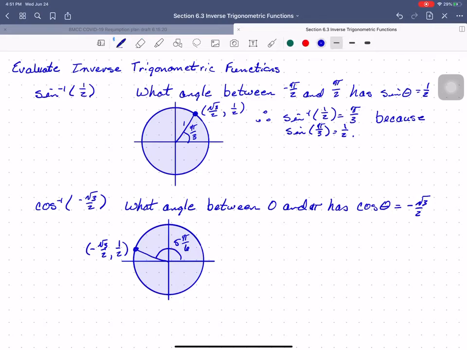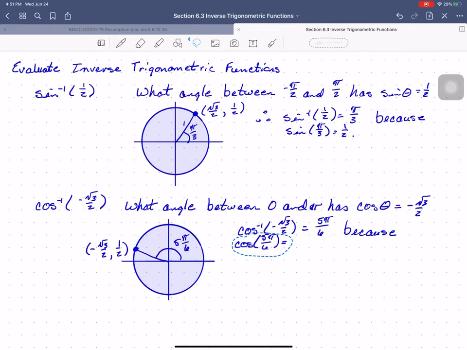So the inverse cosine of negative root 3 over 2 equals 5 pi over 6, because the cosine of 5 pi over 6 equals negative square root 3 over 2.